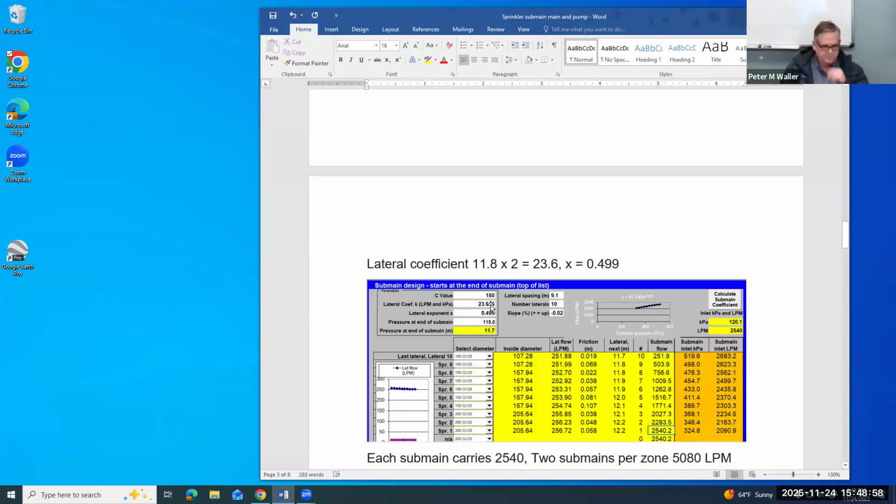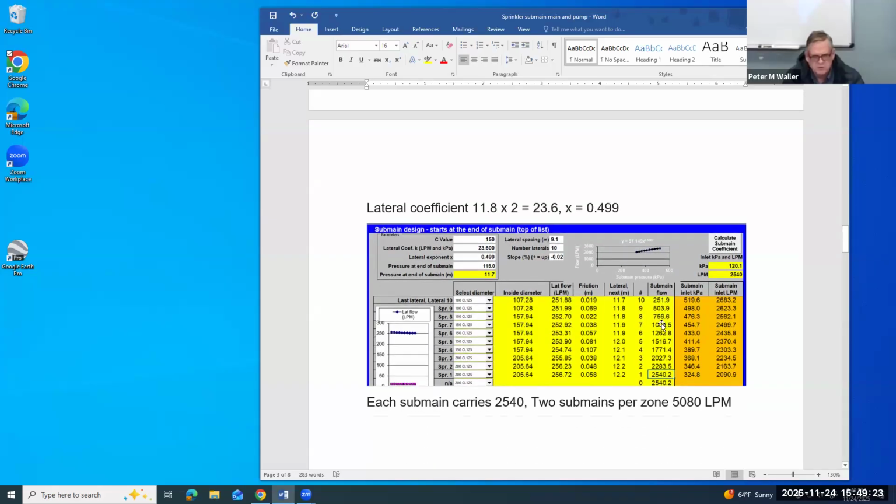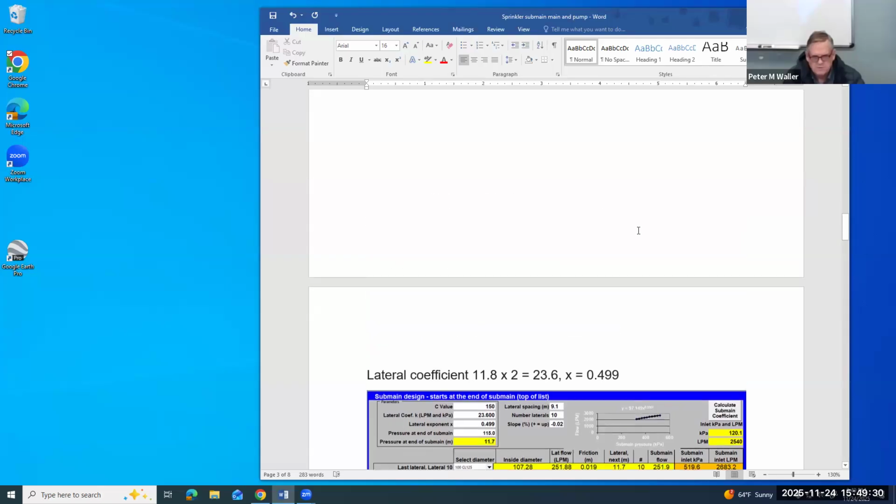What this does is it allows you to calculate the flow in the submain as a function of inlet pressure, and inlet pressure to the laterals, actually. That's why I entered 23.6 here and 0.499, and then that'll give you the submain flow.